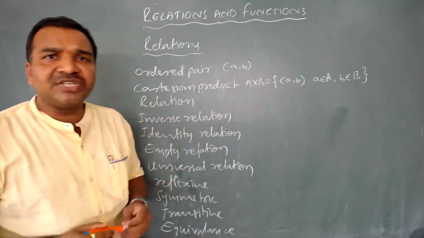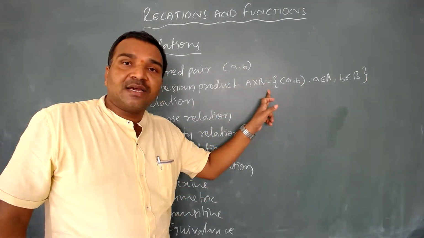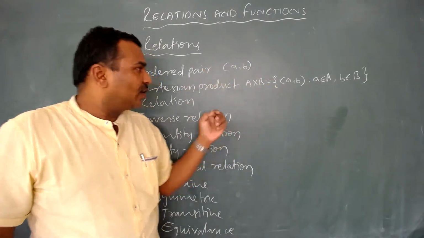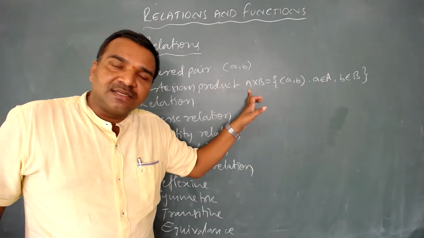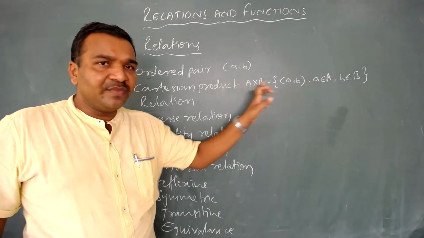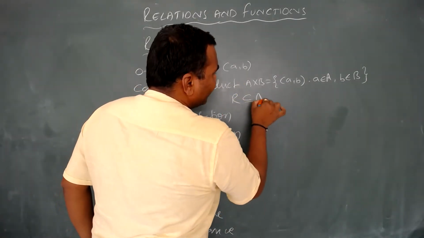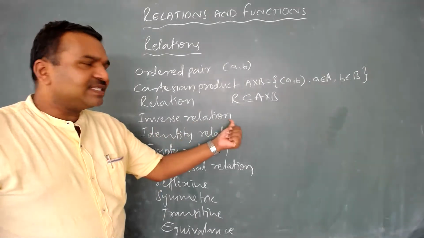Next, relation. Any subset of a Cartesian product A cross B is a relation from A to B. Okay. Any subset of a Cartesian product is called a relation from A to B. That is, R is a relation, that is a subset of A cross B. Clear? Next, inverse relation.